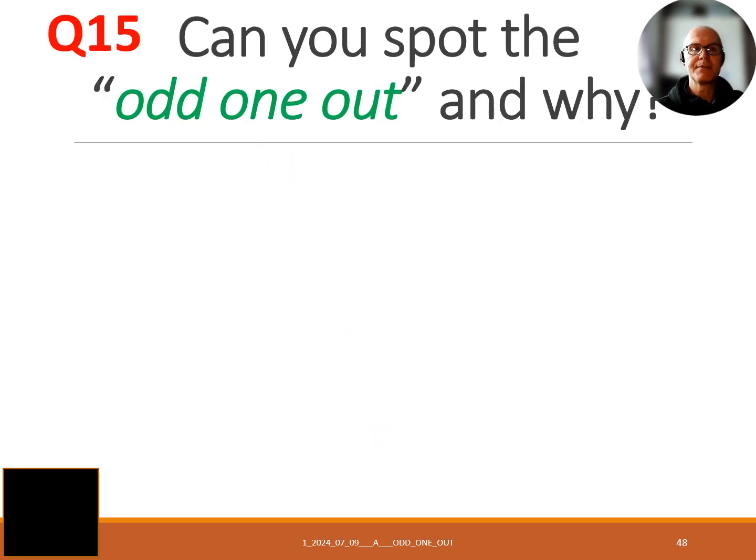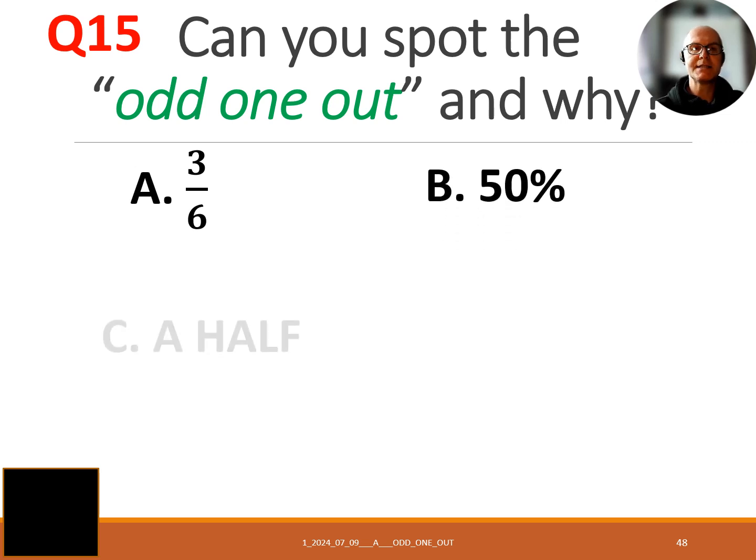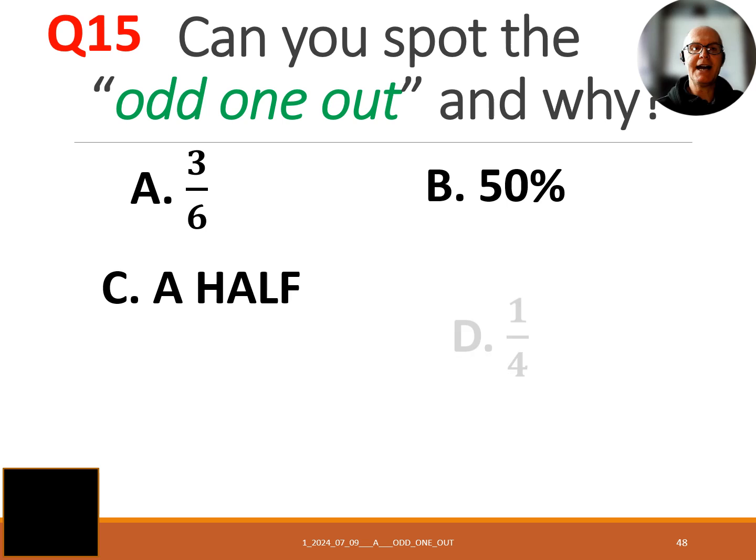Back to the quiz. Question 15. A, 3/6, B, 50%, C, a half, and D, a quarter. Which was the odd one out here, and why?